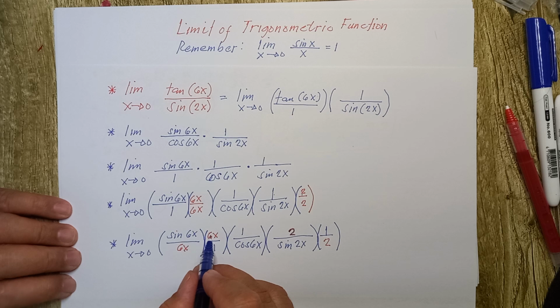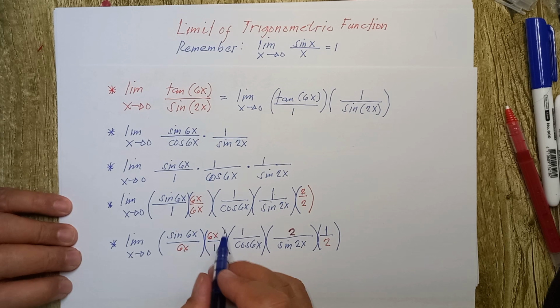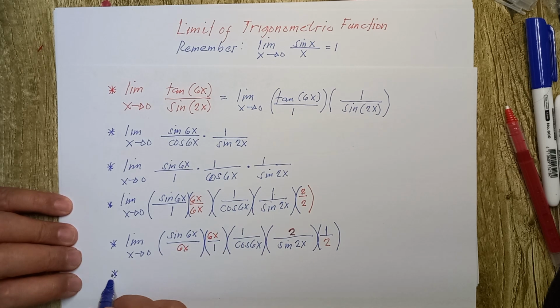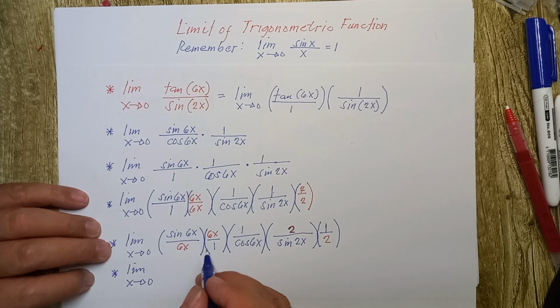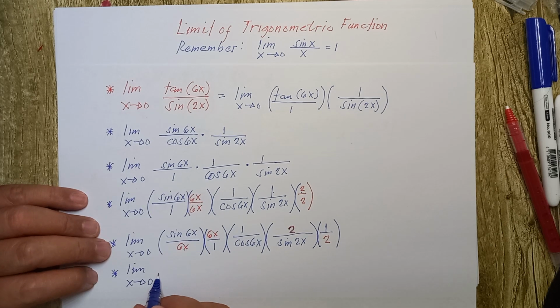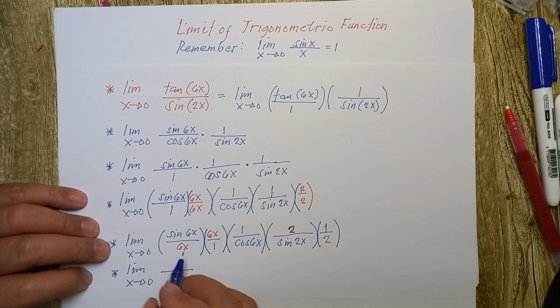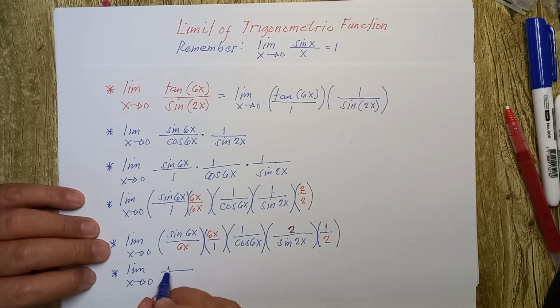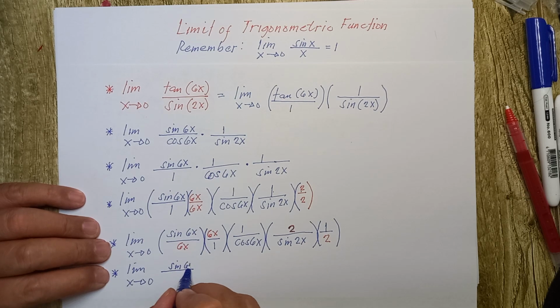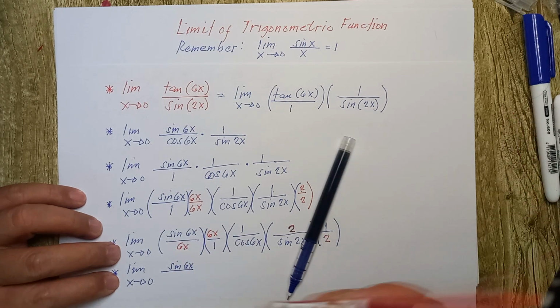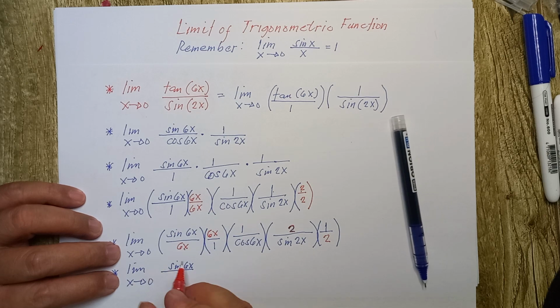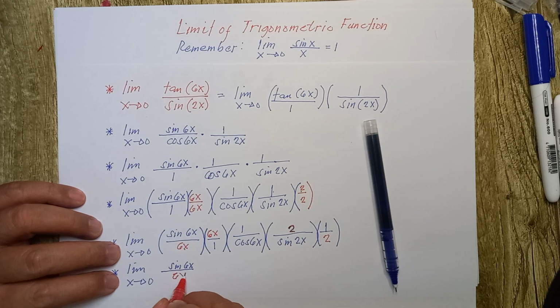Multiply this one. So if we are going to have the next statement, the limit as your x is approaching 0, it will give you now a statement that is the same as sine 6x over 6x.